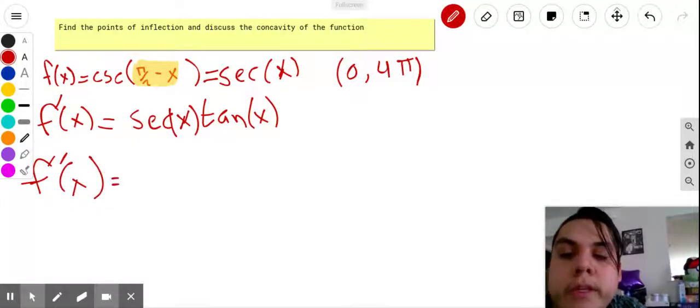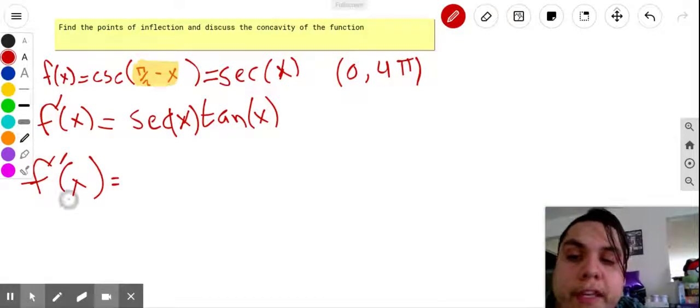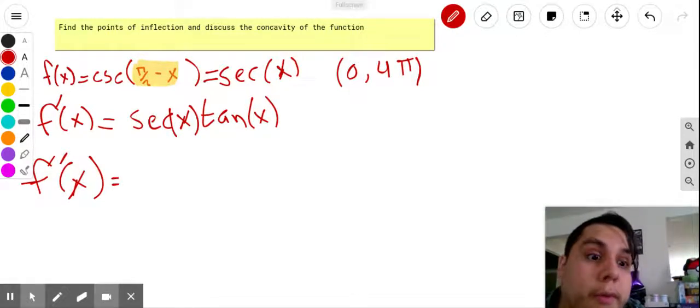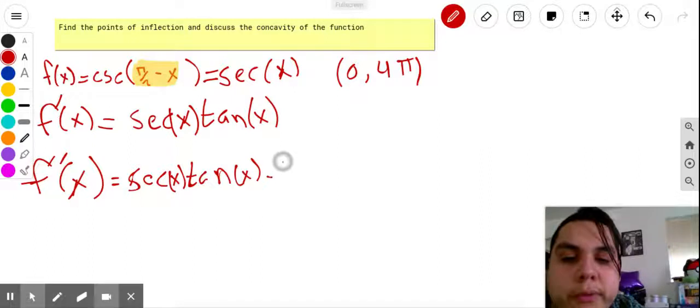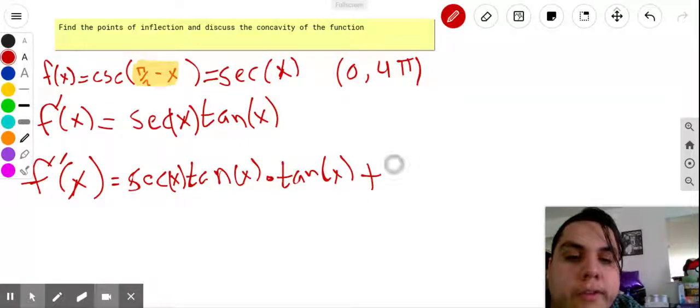All right. So to find the second derivative, I need to use the product rule because those two are multiplying. So I'm going to take the derivative of the first function, which is secant tan, and I'm going to multiply it by the second function, which was tangent, plus the first function multiplied by the derivative of the second.